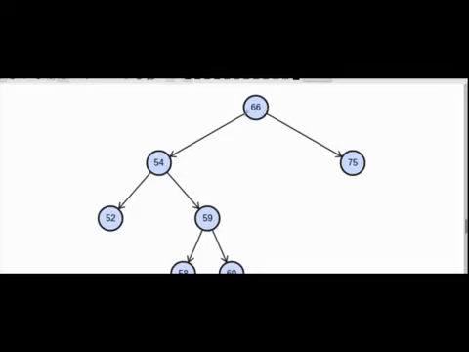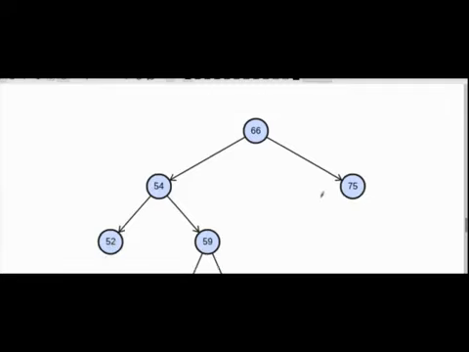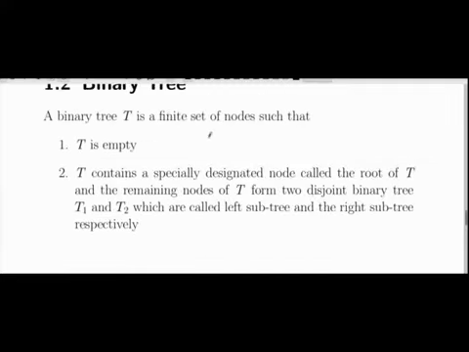So if you take the node 66, it has two children 54 and 75. If you take 54, it has two children 52 and 59. But if you take 52, it doesn't have any children. That is okay with binary tree. It is either empty or will be having at most two children.